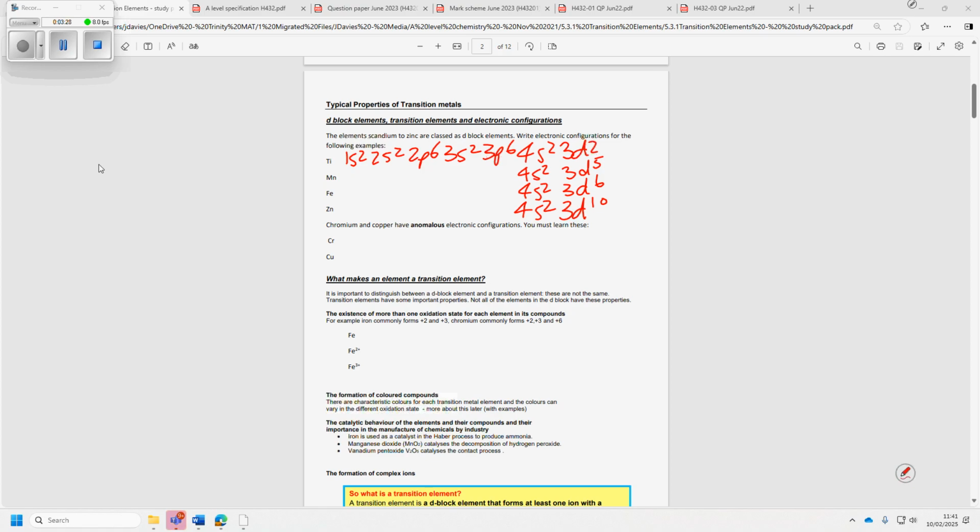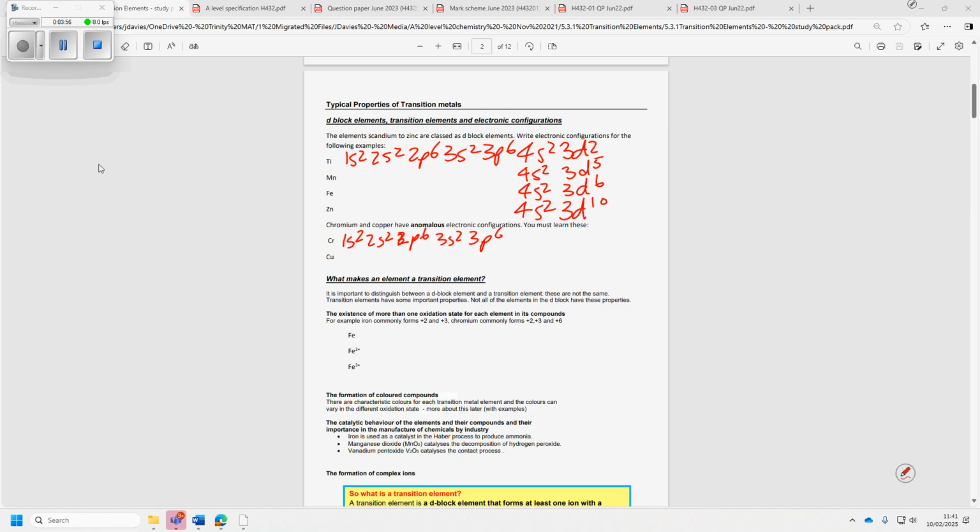Interestingly, there are two elements that do not follow this pattern, and you need to absolutely be clear about these two elements. And these are chromium and copper, as we can see. So, when we first start writing out the electronic configurations, everything goes exactly as it should do. 1s2, 2s2, 2p6, 3s2, 3p6.